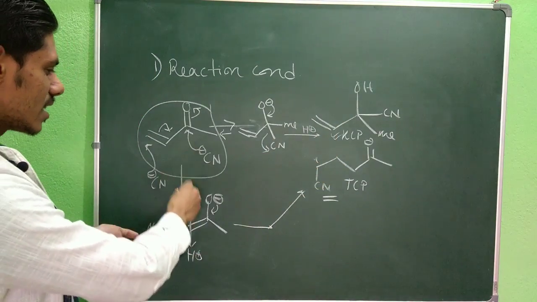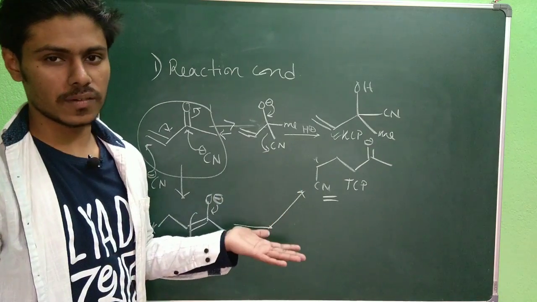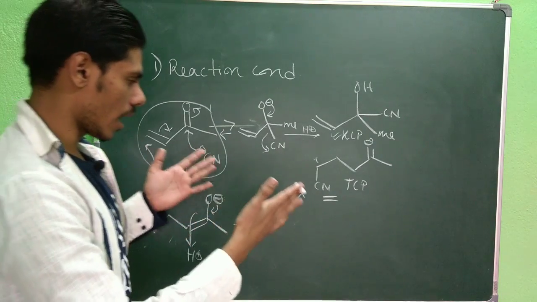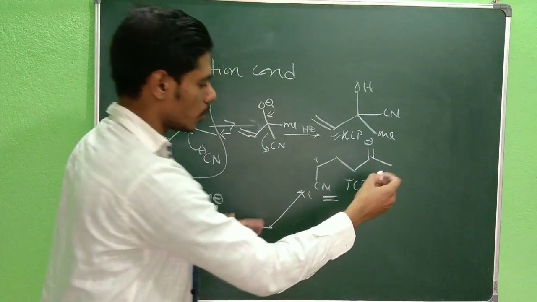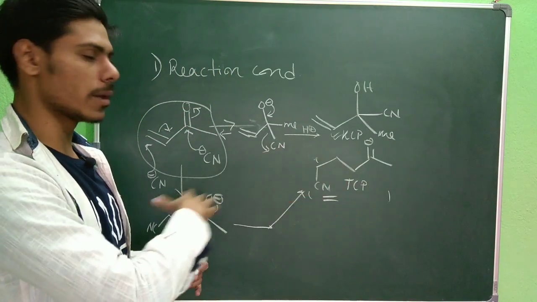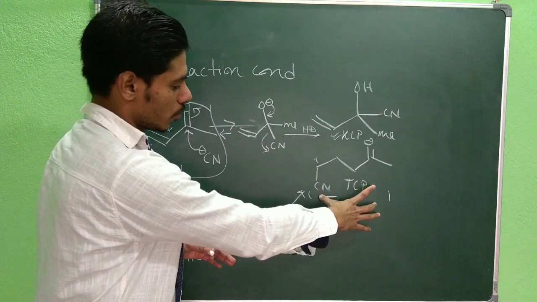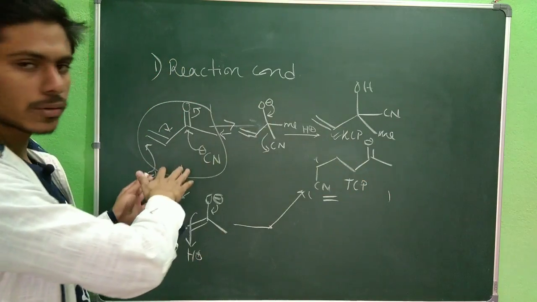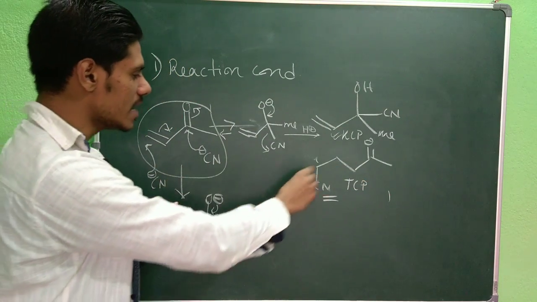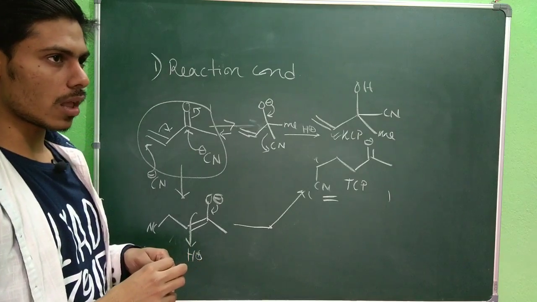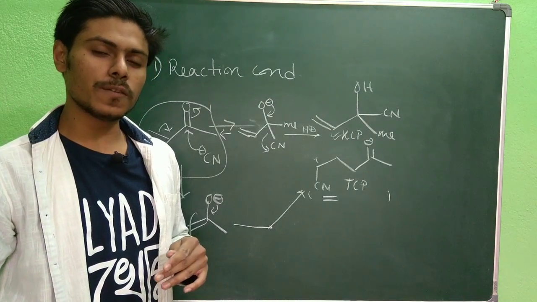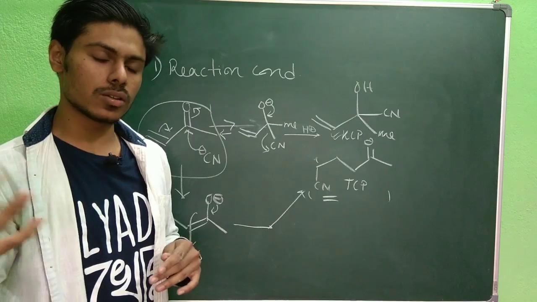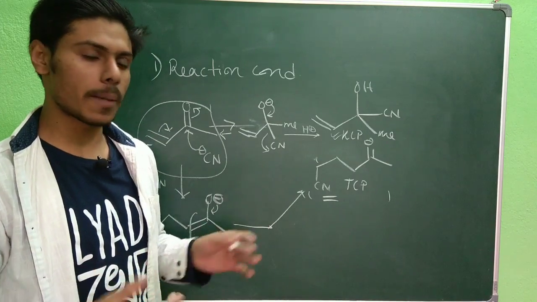Now you can see this reaction is an irreversible reaction, and at the moment when any 1,4 addition product forms, there is no coming back. If this product is formed, it cannot come back to the starting material. Okay, so this is an irreversible reaction. So if you allow a longer reaction time, or if you give heat to the reaction, do the refluxing reaction, then what will happen?